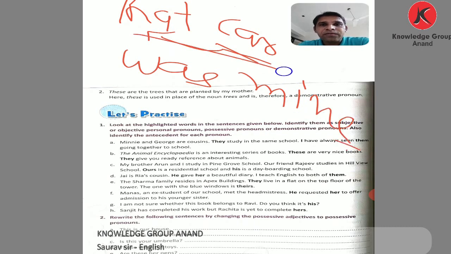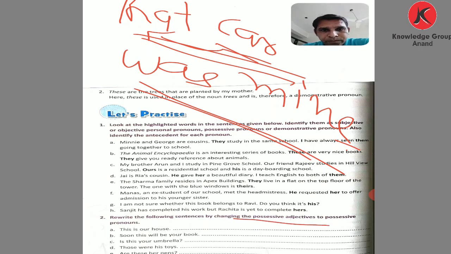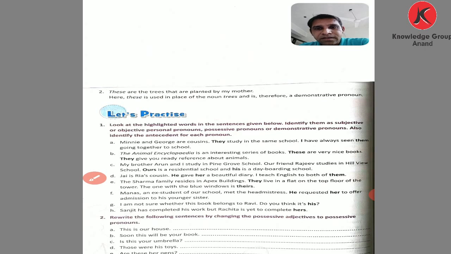So this is how we form the sentences, changing possessive adjective to possessive pronoun. This is the answer of this form. I hope you understand the demonstrative adjective, possessive adjective, and possessive pronoun. Thank you for listening to me.